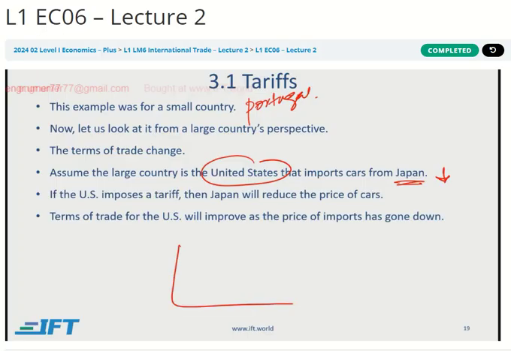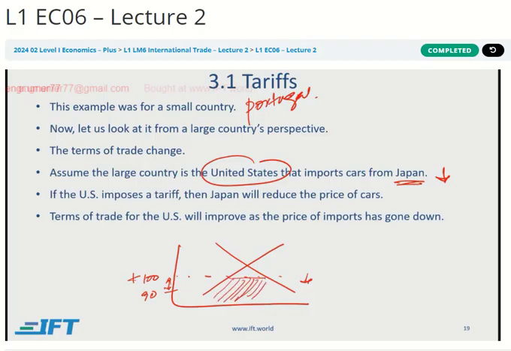Overall, the price at which Japan was initially selling goes down, and even though the US government is getting a certain tariff, the price that the consumer pays is still not going up, because Japan will say, okay, I will reduce my price to 90, and the US government can take this additional portion on that entire imported segment, which was this whole portion beyond which the locals were not able to supply.